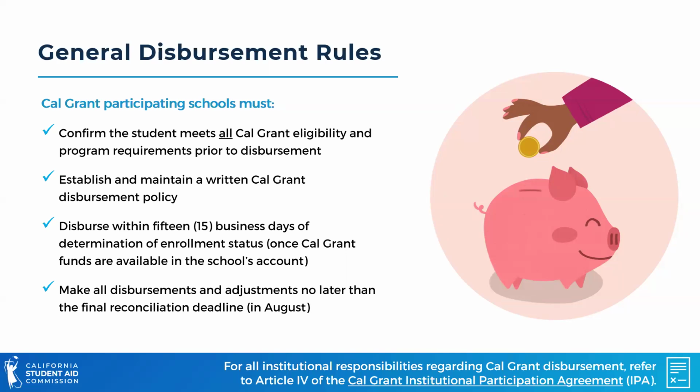So when you're reporting payments and receiving those funds from CSAC, make sure that you're disbursing those to students within 15 business days. And then make sure that all of your disbursements and adjustments are completed no later than the final reconciliation deadline in August. This year it'll be around mid-August, so keep an eye out because we will be sending out a listserv notification of that exact date.